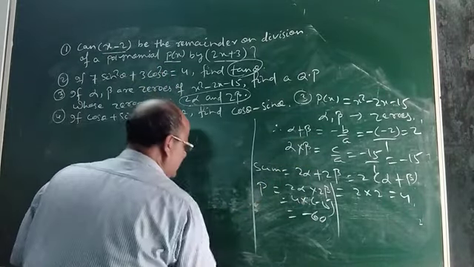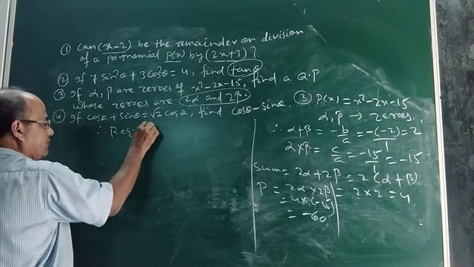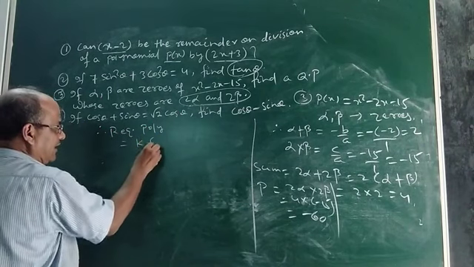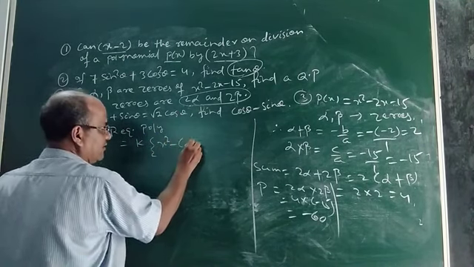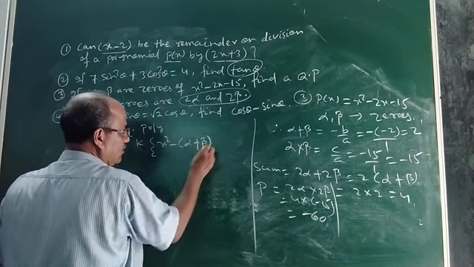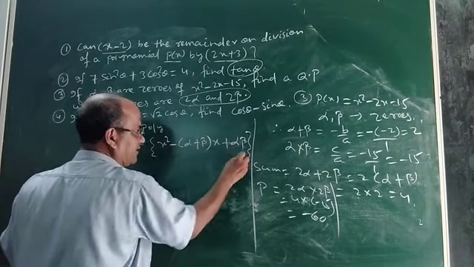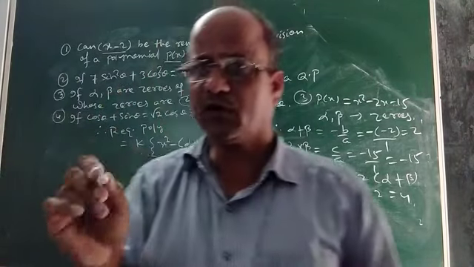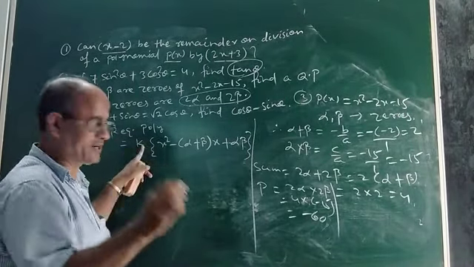Okay. Now, what will be the required quadratic polynomial? We already know the formula. The formula is k into x square, where k is any constant, minus sum of zeros, that is alpha plus beta, into x, plus alpha into beta. This is the formula to find the quadratic polynomial, where k is any constant.